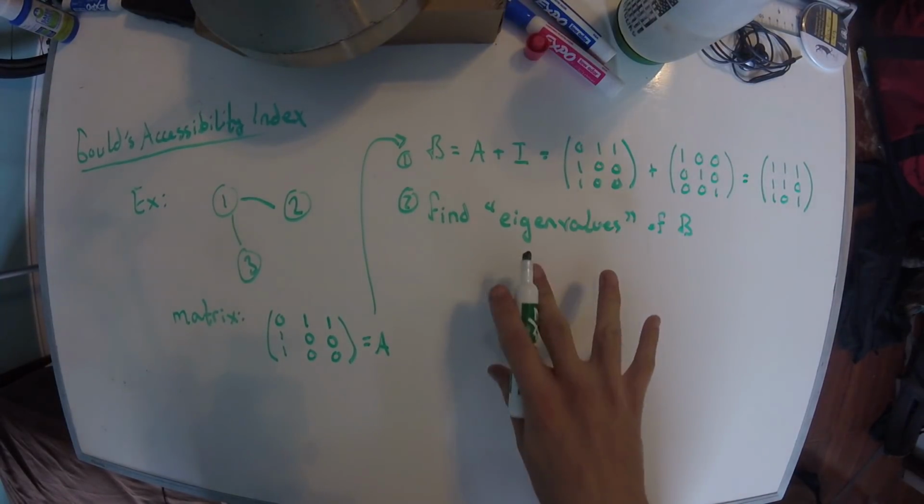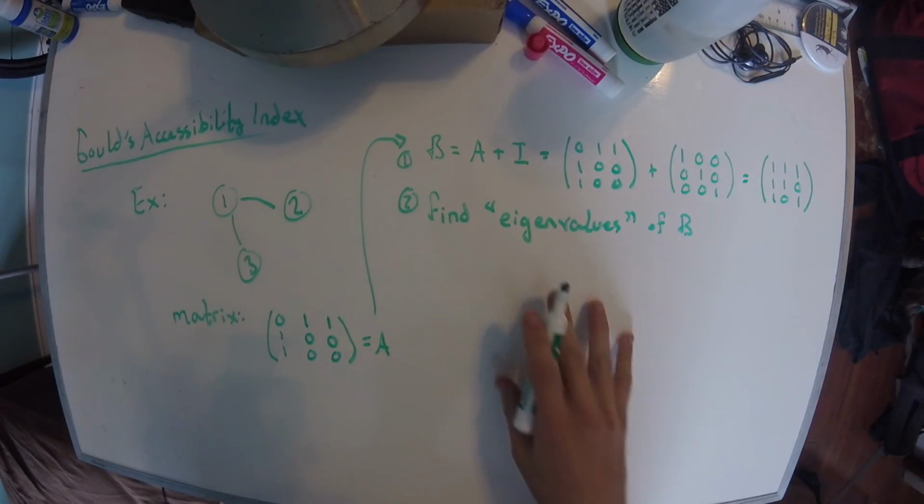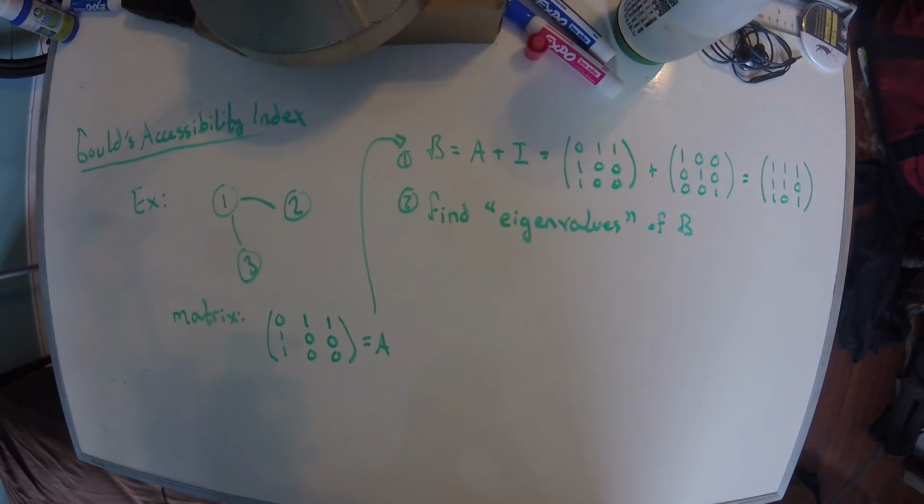Eigenvalues are a thing from linear algebra, which is also sometimes called matrixology, the study of matrices. And they have a lot of different interpretations, but in this case, we're going to take the biggest eigenvalue, and our interpretation of that is that it's going to be a measurement of the accessibility of the network.